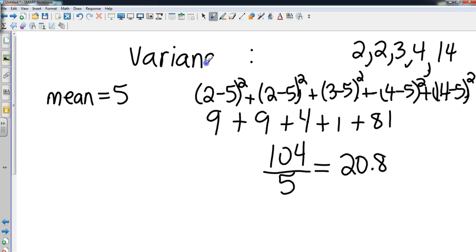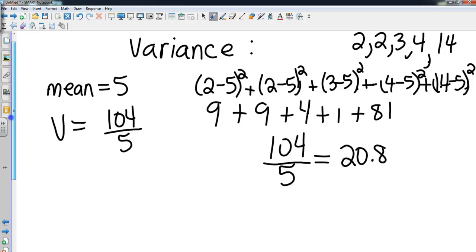This is why we always keep an open mind. So our variance is, we're going to leave it as 104 divided by 5, and there's a reason for that in just a second. But we're actually going to find the standard deviation at this time.